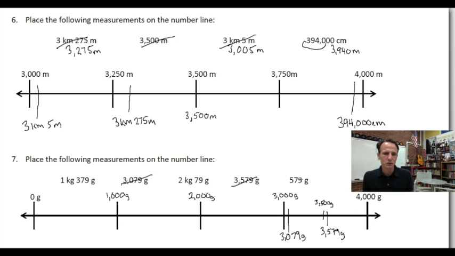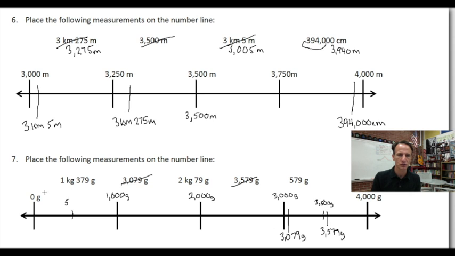And then I'm given those same digits, the 579, but 579 grams. Does that fall between 3 and 4,000? No. Between 2 and 3,000? No. Between 1 and 2,000? No. It falls between 0 and 1,000. So here let me as well go ahead and mark my midpoint, which will help me to place it.